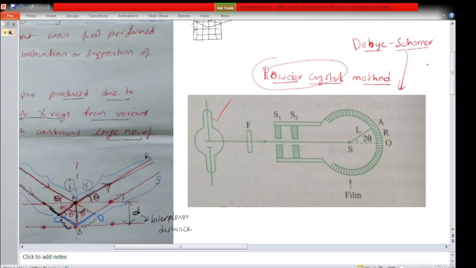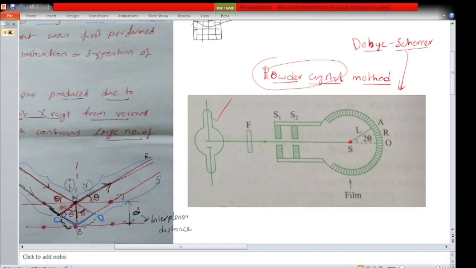Okay, so the specimen was taken in the form of a well powdered sample of crystal. So the same crystal we will make into a powdered form, and we'll consider that in a very thin glass capsule. So this is your sample here, in powdered form in a very thin glass capsule.